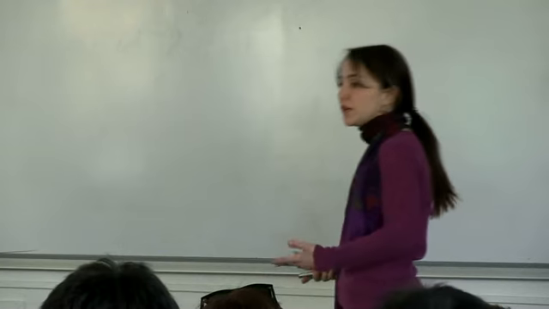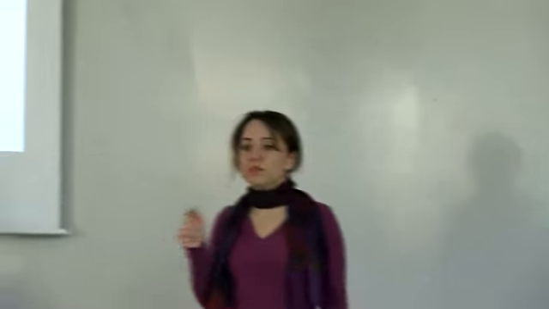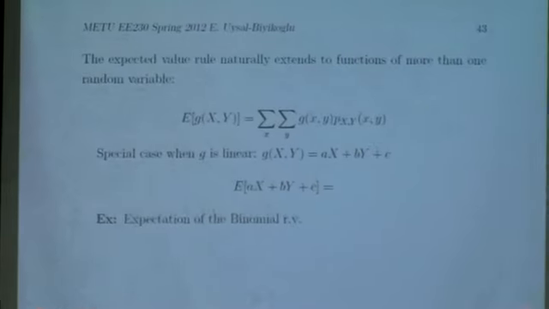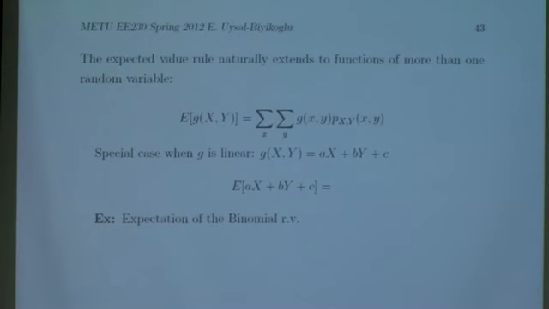We use this as a trick to compute the expectation of the binomial, because what is a binomial random variable? A sum of Bernoullis, right. Binomial random variable comes with two parameters. What are they? The number of trials and the probability of success in each trial. So I can write a binomial random variable x as the sum of n individual identically distributed Bernoulli random variables, x1 plus x2 plus up to xn.